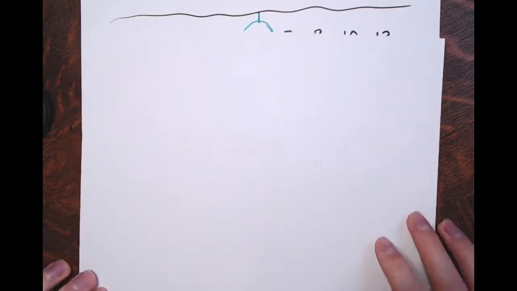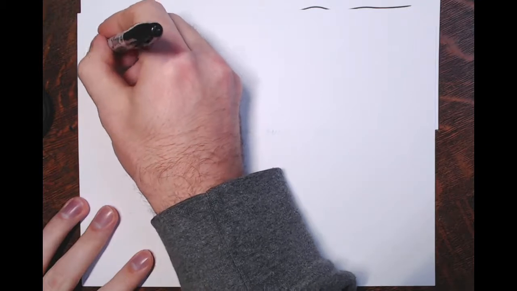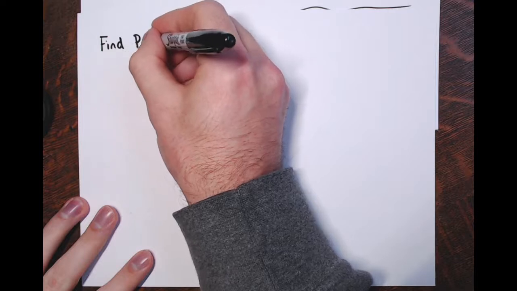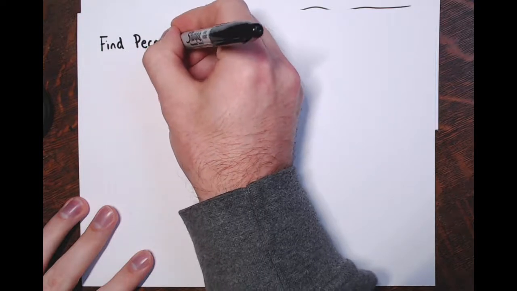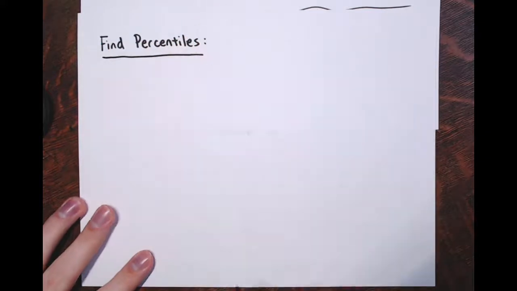All right, and this is actually part of another objective, so when I go over this. In fact, what we're going to be finding things called percentiles first. Finding percentiles.